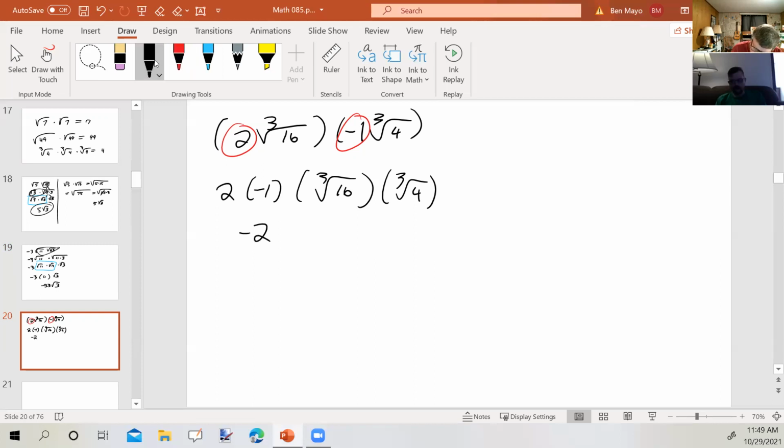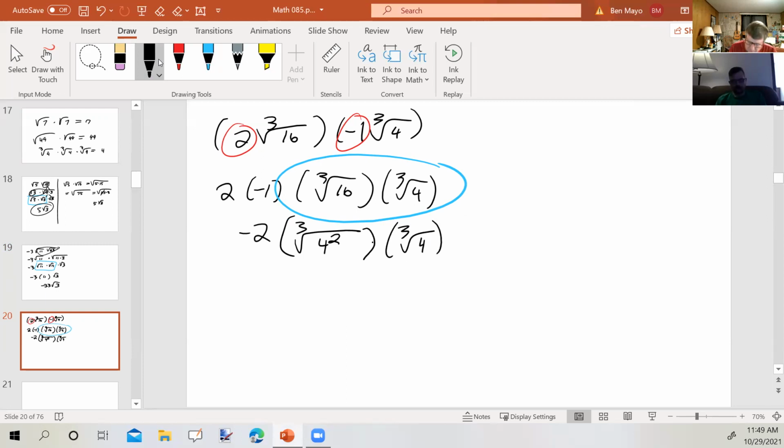Negative 2. But now what about this? Well, 16 is 4 times 4. So what if I rewrote that as 4 squared and then this as 4 inside? Okay. So now what do I have?